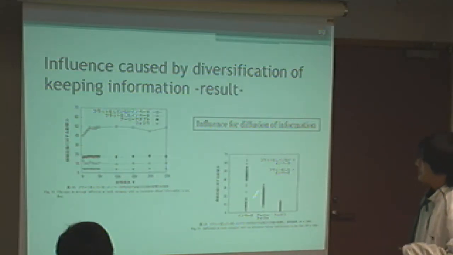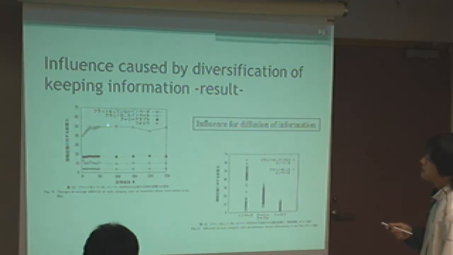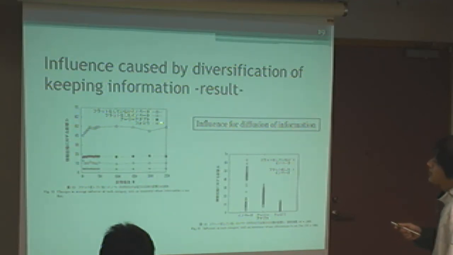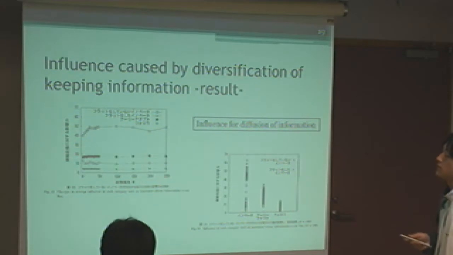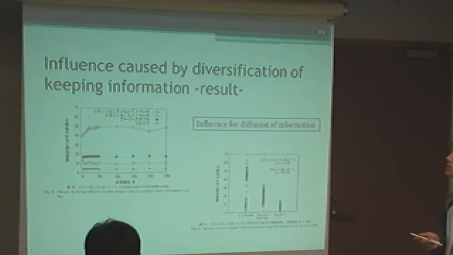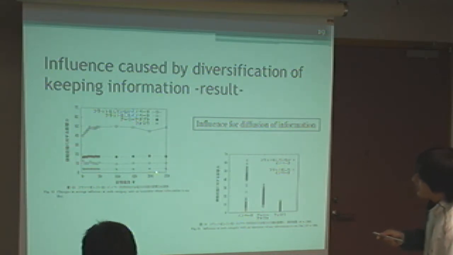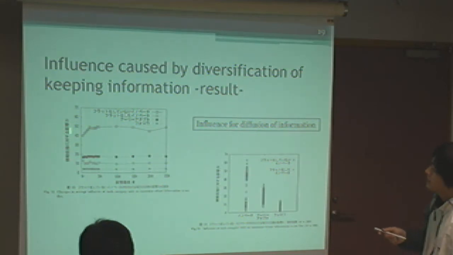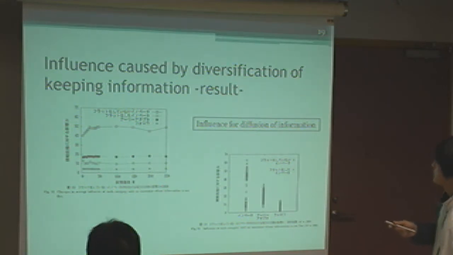And this is the result. This line with squares describes the innovator who doesn't flatterize. And this line is the total amount of types of information and influence.